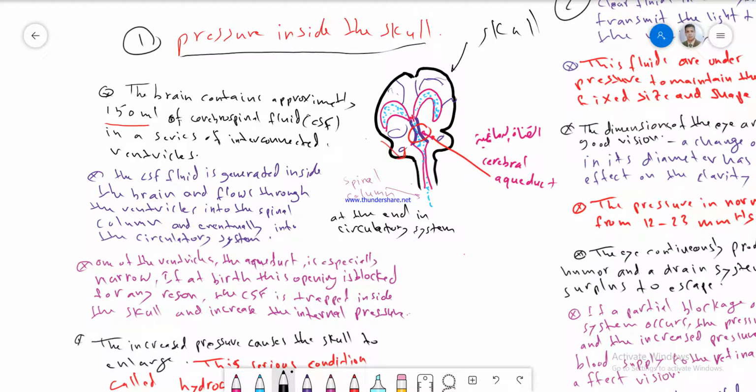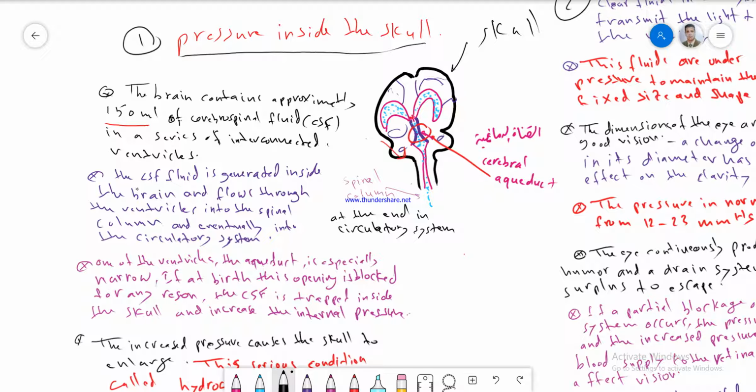The brain contains approximately 150 ml of cerebrospinal fluid in a series of interconnected ventricles, as we see here. These are the lateral ventricles, this is the ventricular foramen, and this is the aqueduct, which is a narrow channel.